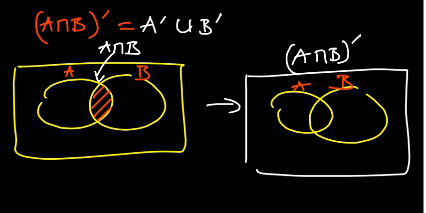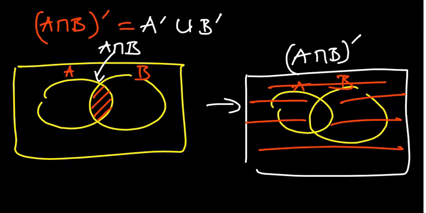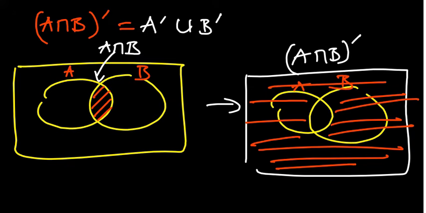So your complement will be the entire region except A intersection B. That is what you have. Only the region outside A intersection B has been shaded. That is for the left hand side. Now let's look at the right hand side. The right hand side is dealing with A complement union B complement.